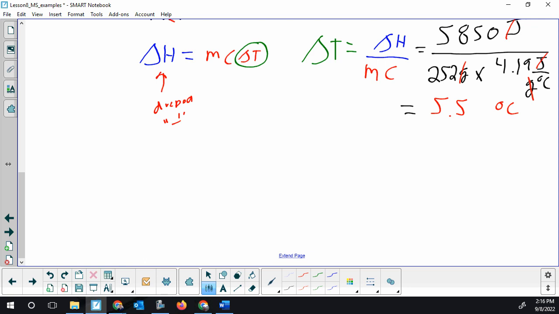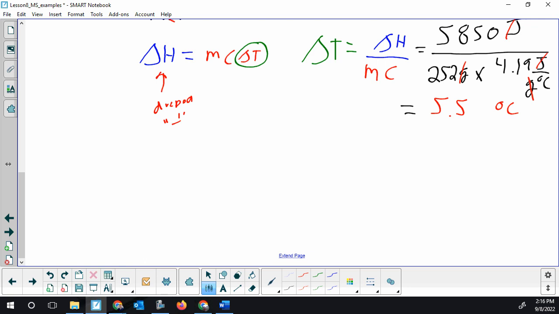So this delta T we just solved for is how much the temperature would go up. So if the question said the temperature started at 20, it's going to go up to 25.5. If we had a positive delta H, it means it would have dropped 5.5 and you would have to take that off the initial temperature.